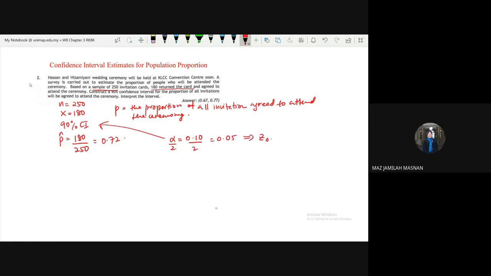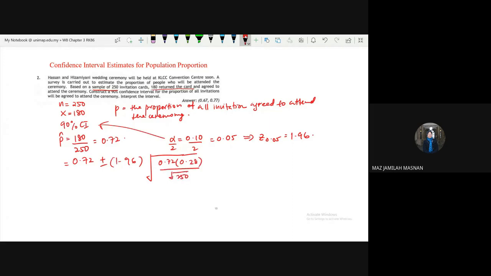So z 0.05 is equal to 1.96. Okay, so P hat plus minus Z alpha over 2 times the square root of 0.72 multiplied by 0.28 divided by 250.